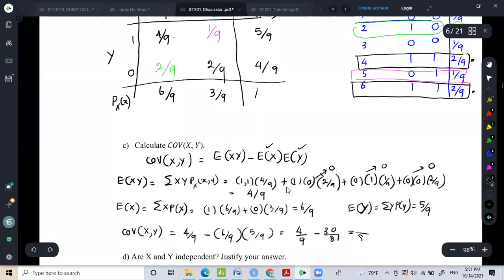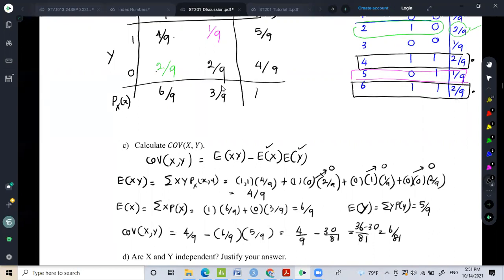Find the common denominator. Yes, so that will be 2 over 27. 2 over 3. So that's going to be 6 over 81. Should be 2 over 27, right?